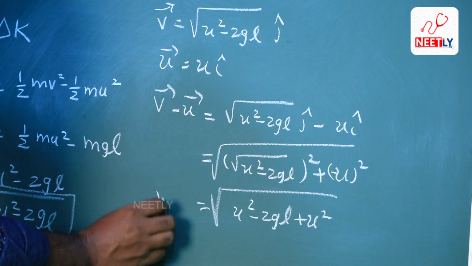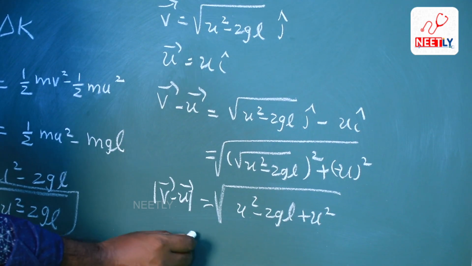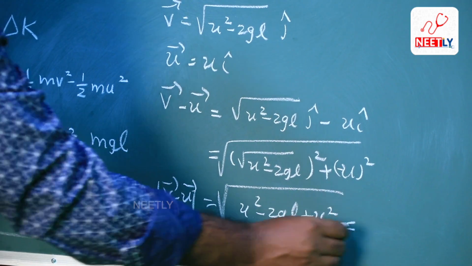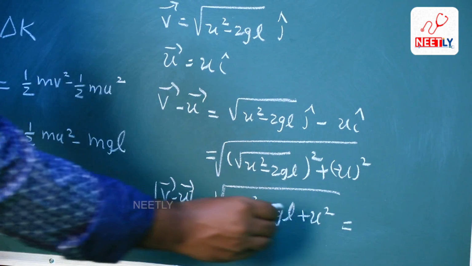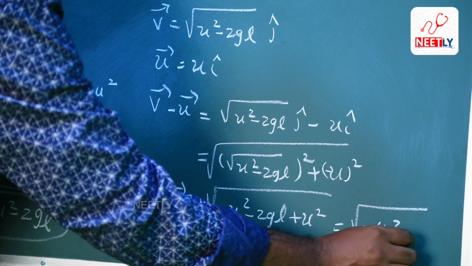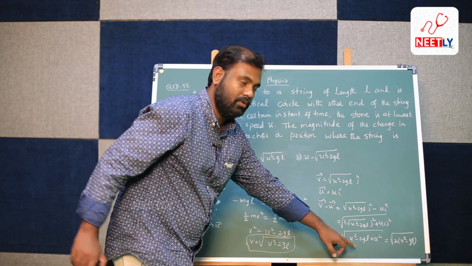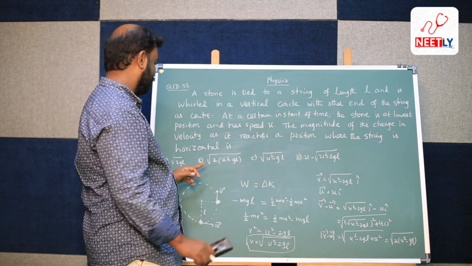So, this is the magnitude of v minus u. This is nothing but 2u squared minus 2gL, because here also there is a u squared. So, option B.